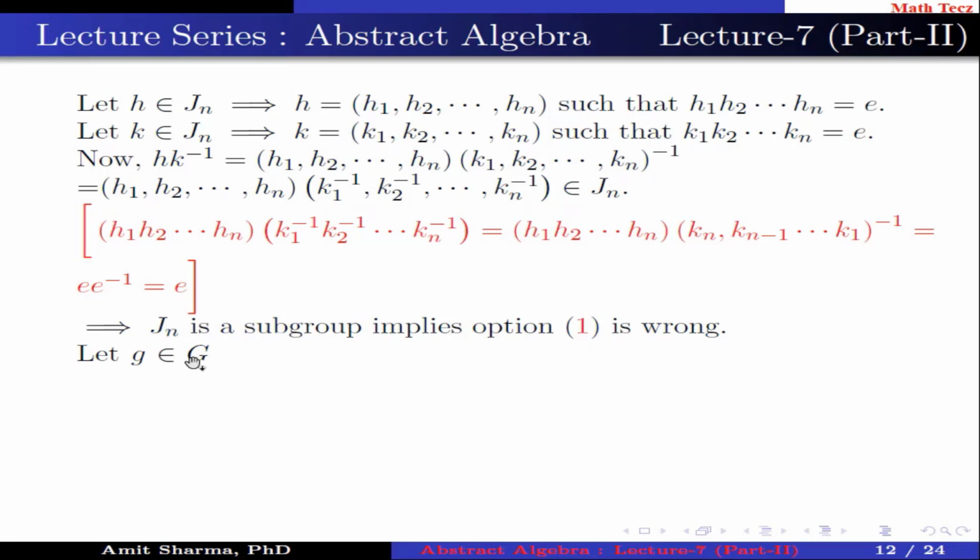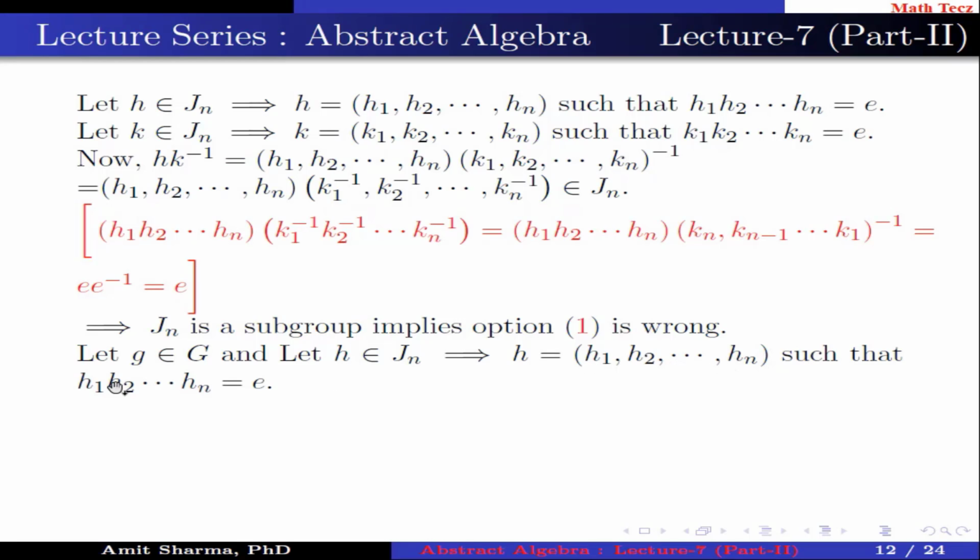Let g belong to G and let h belong to Jn implies h is equal to (h1, h2, up to hn), such that the product h1 h2 hn is identity.